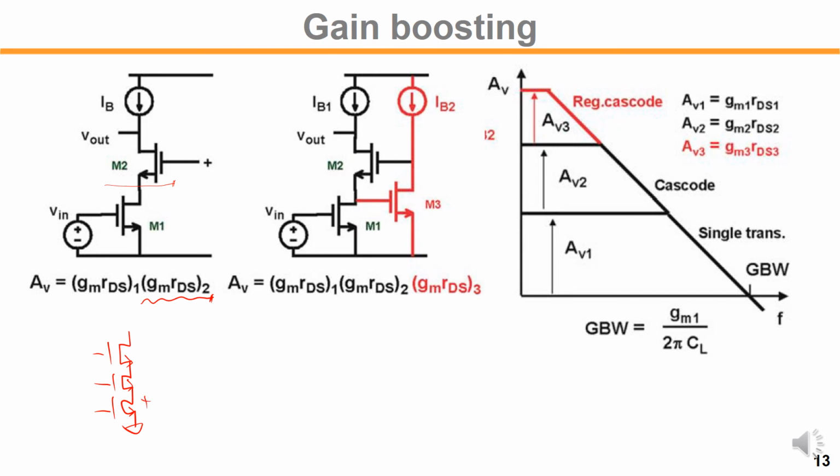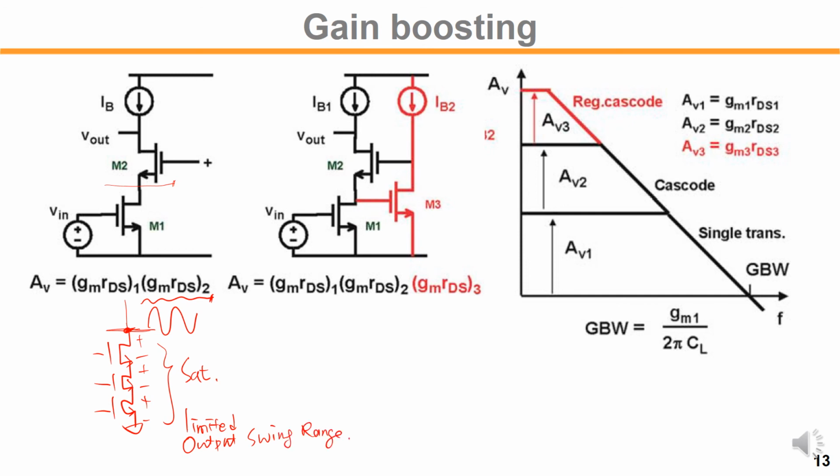The problem is every time we stack a device, it requires a minimum voltage to make sure of saturation. So it is eating up the voltage headroom for the signal. So the signal cannot go below a certain level, to make sure that all the devices are in saturation, right? So this is the limited output swing range. Output swing range is a problem.